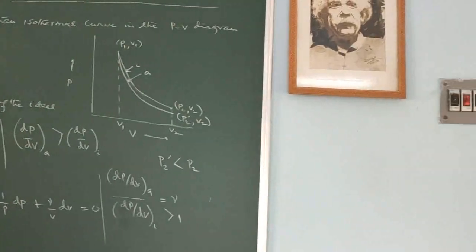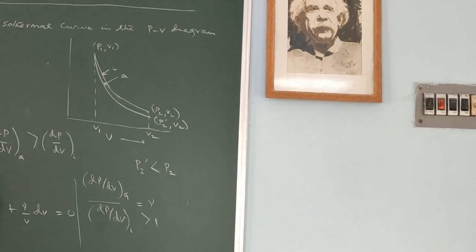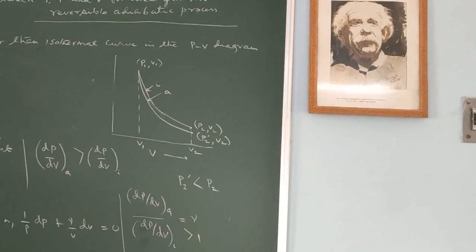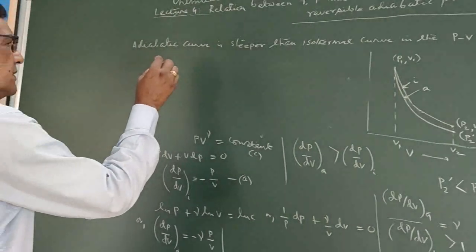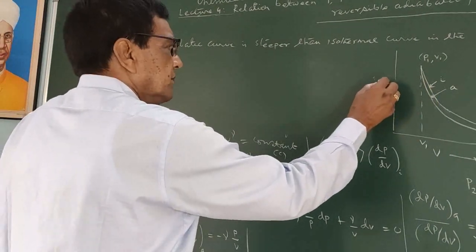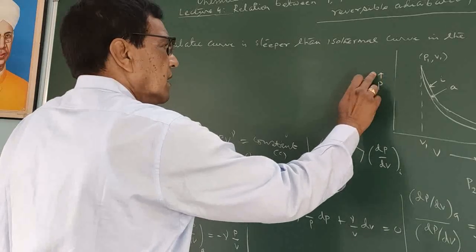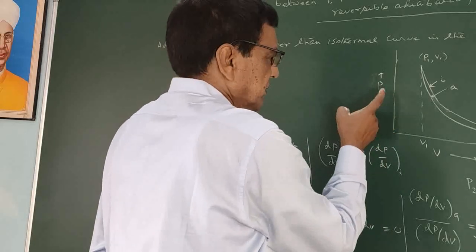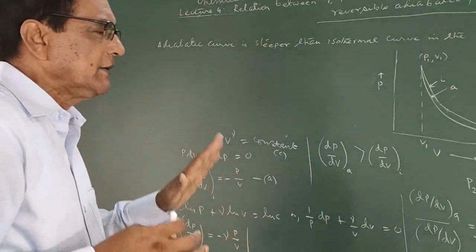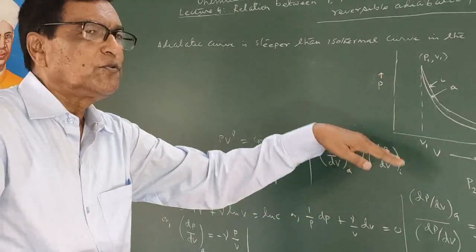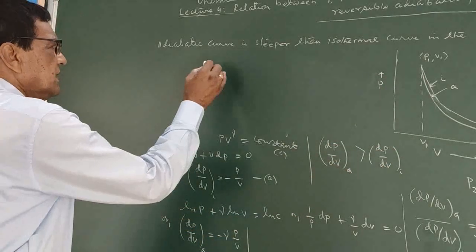I can show another problem here. Suppose adiabatic expansion is there, and what will be the curve? Similarly, if this plot is P versus V, and if we do the plot V versus P, then what would be the nature of this curve?